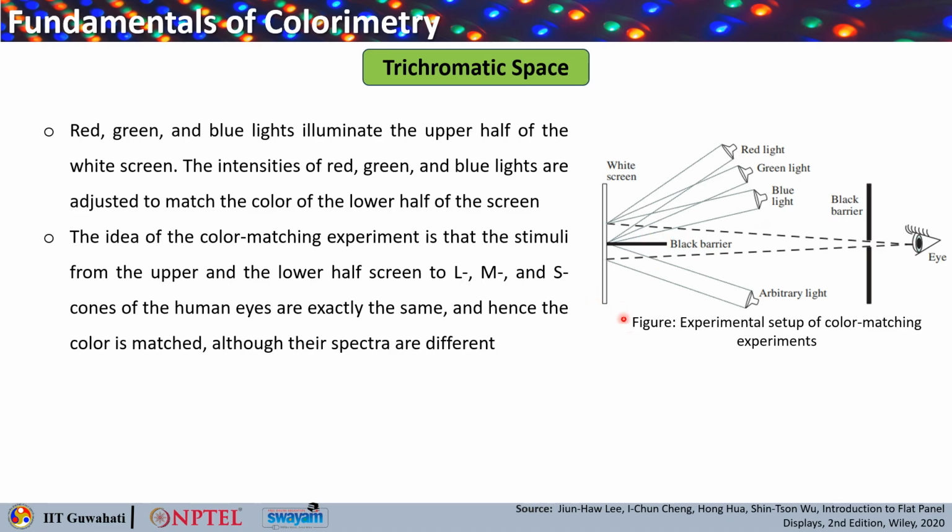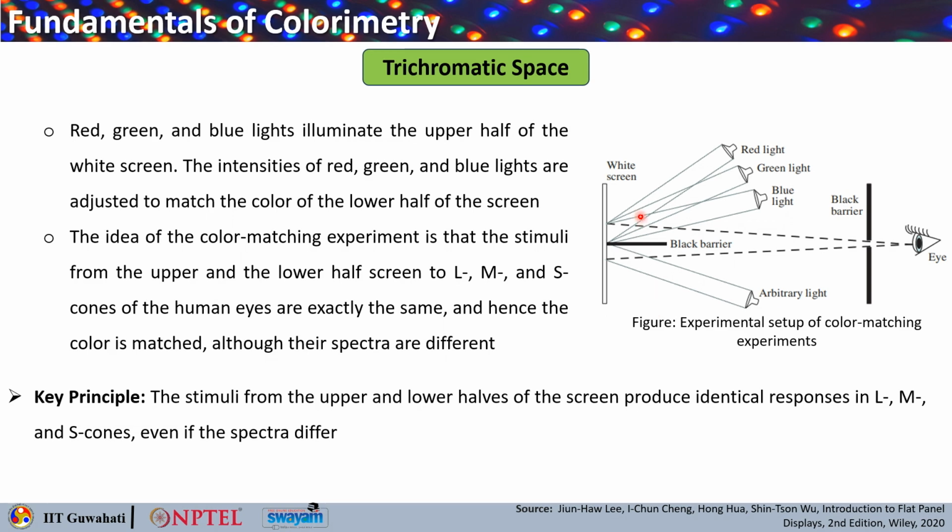The idea of the color matching experiment is that the stimuli from the upper and the lower half to your L, M and S cones should be exactly the same, and then you can say that the colors are matched. However, it may happen that their spectra look different.